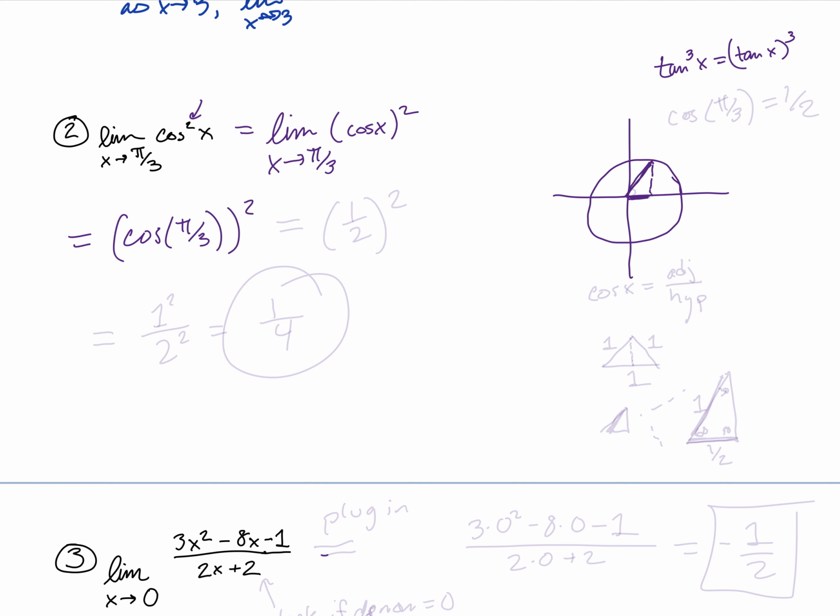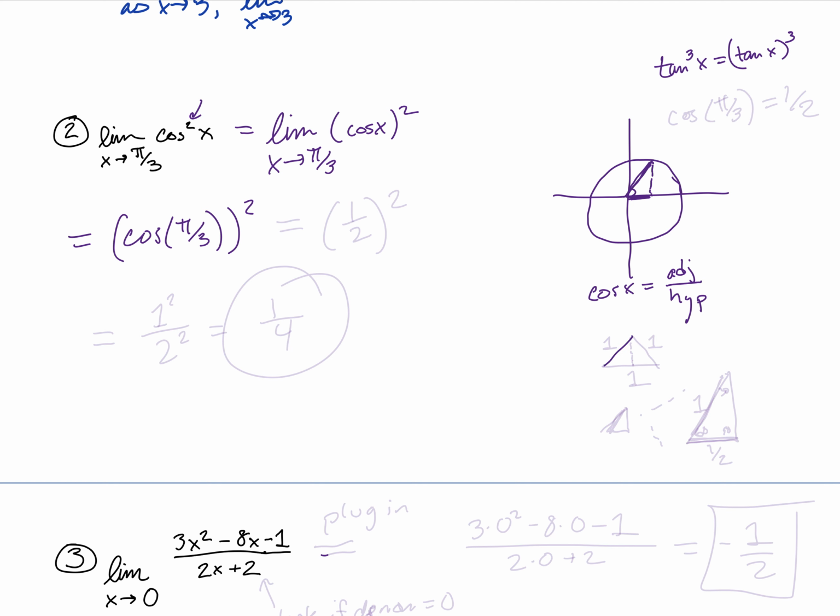So we often think of cosine x as the length of the adjacent leg of the triangle over the length of the hypotenuse. So what is that value?